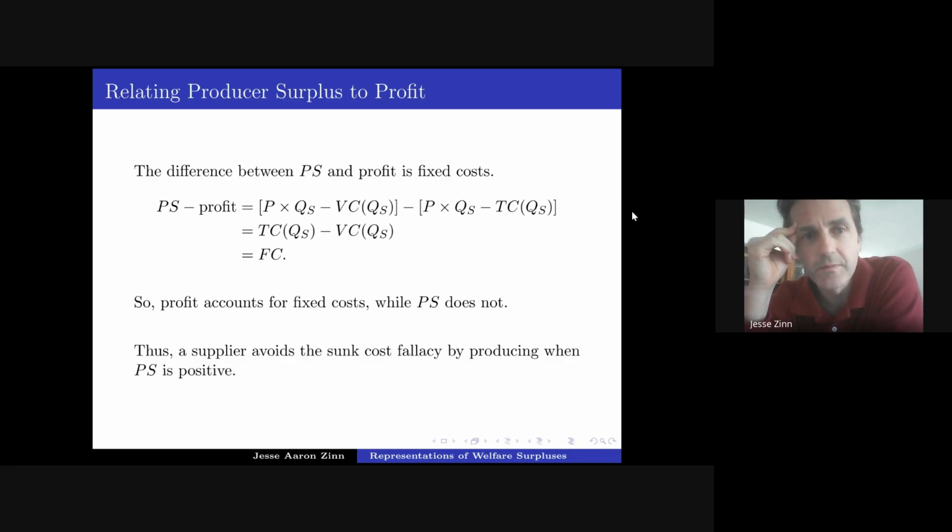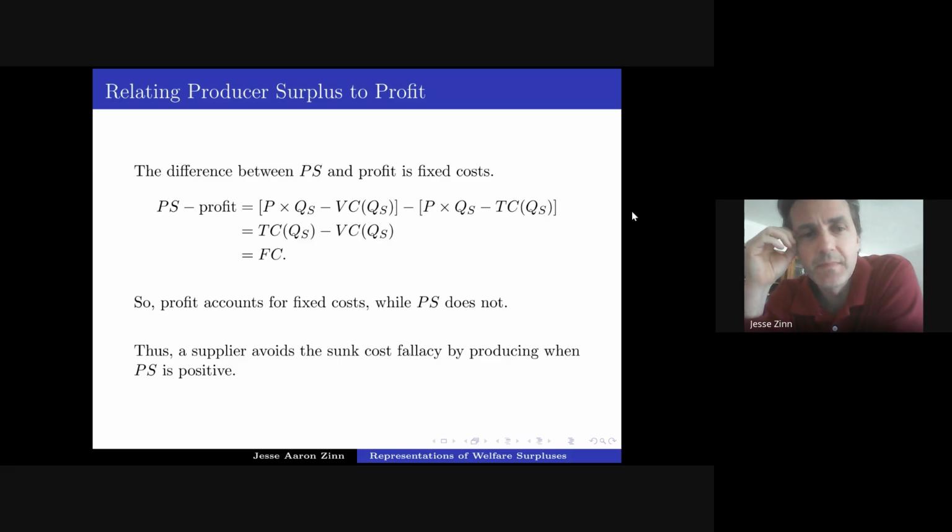Producer surplus is revenue minus variable costs, and profit is revenue minus total cost. So the two revenues cancel each other out, and we just end up with the difference between total cost and variable cost, which is of course fixed cost, right? Constant. So profit includes fixed costs, whereas producer surplus does not.